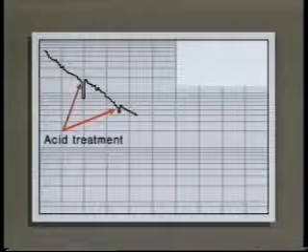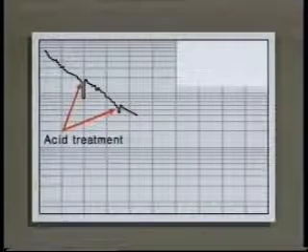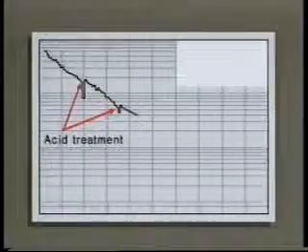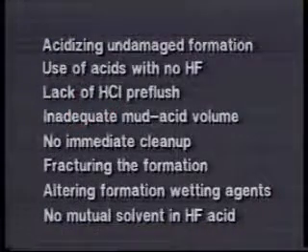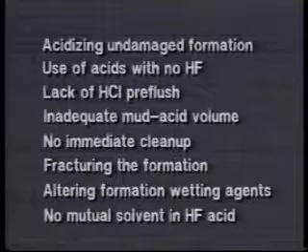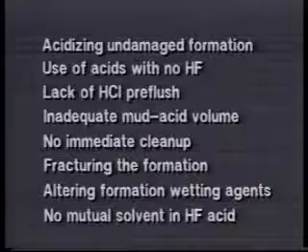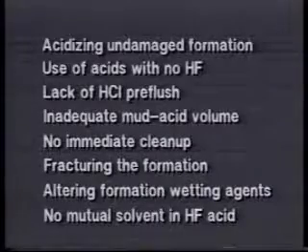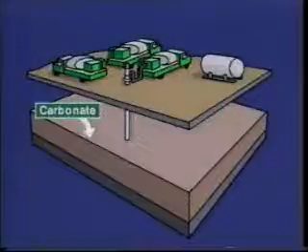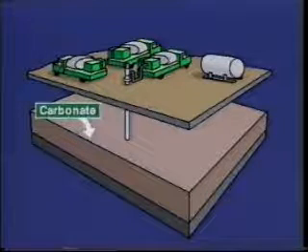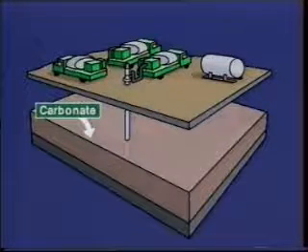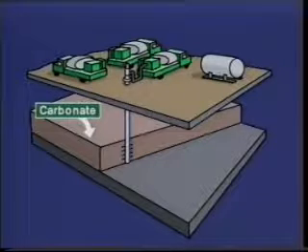Unless the reasons for failure are known, future treatments are also likely to fail. Williams, Gidley, and Schechter, in the SPE monograph of Acidizing Fundamentals, list 8 common reasons for the failure of matrix acid treatments.